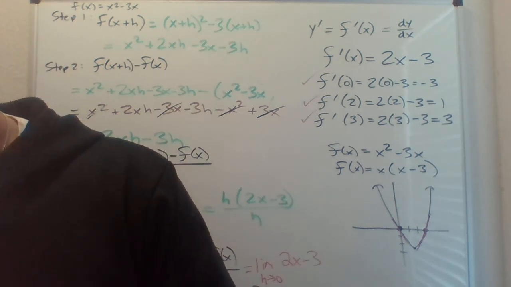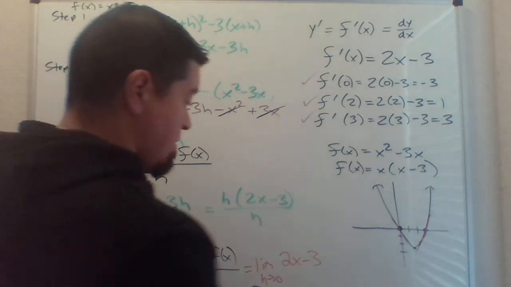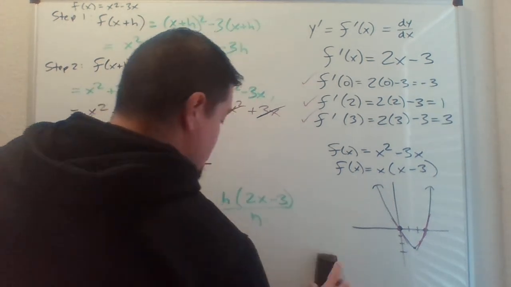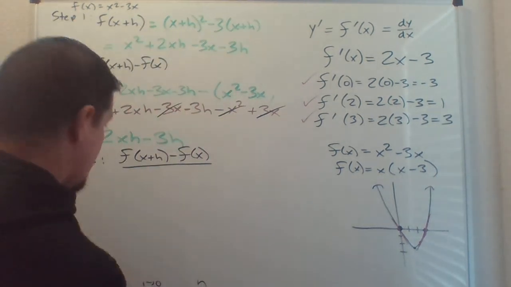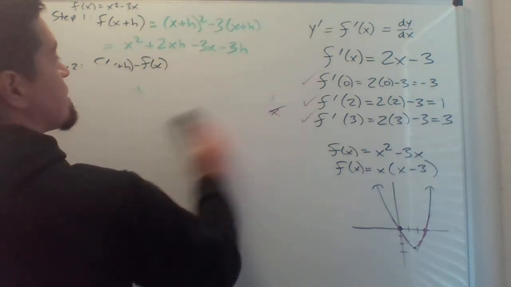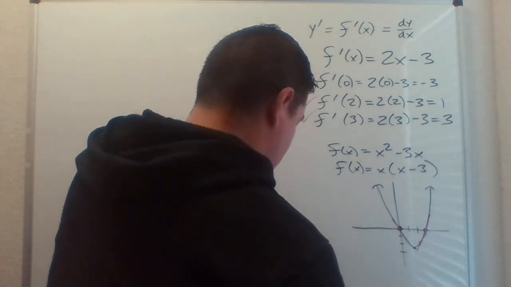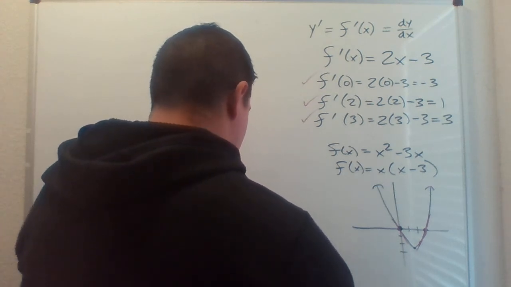Find the derivative, yeah, so we did that, but let me continue with this. This is kind of a bonus question, but one that you could be asked. So we need to cover it.